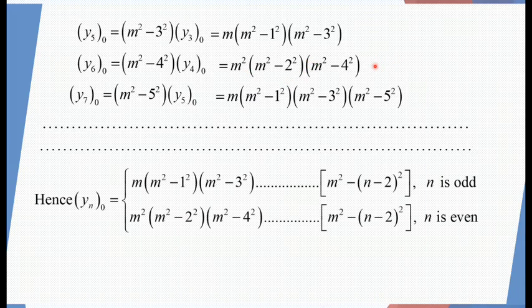So we can write yn(0) is equal to m into (m square minus 1 square) into (m square minus 3 square) up to (m square minus (n minus 2) square) when n is odd, and m square into (m square minus 2 square), (m square minus 4 square) up to (m square minus (n minus 2) square) when n is even. So this is the required yn(0) for the given problem.